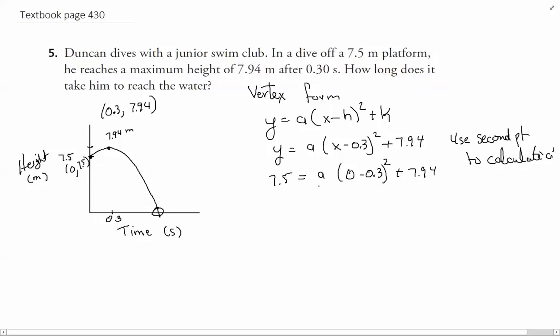The first thing we're going to do is subtract 7.94 from both sides. That leaves us with negative 0.44 is equal to a times negative 0.3 squared. Now, negative 0.3 squared is 0.09.